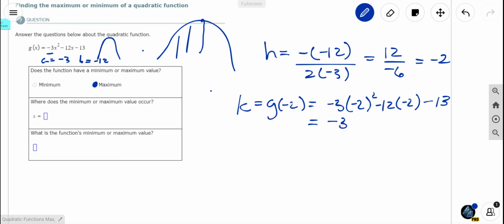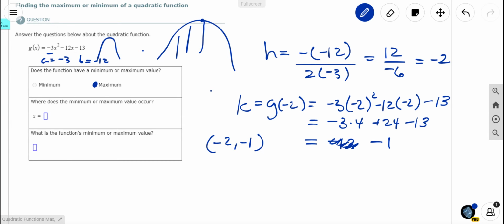Also, negative 3 times 4 plus 24 minus 13, negative 12. Actually, you know what? Let's just jump to the end here. That's negative 12 minus 13 is negative 25 plus 4 is negative 1. So my vertex is at negative 2, negative 1.